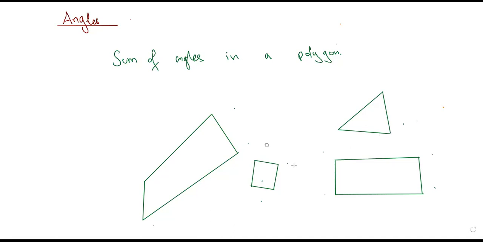The idea is sum of angles in a polygon. Now, a polygon could be a three-sided figure, a four-sided figure, a five-sided figure, a six-sided figure. We do not care about that. The formula is 180 multiplied by n minus 2, where n is the number of sides that polygon has.